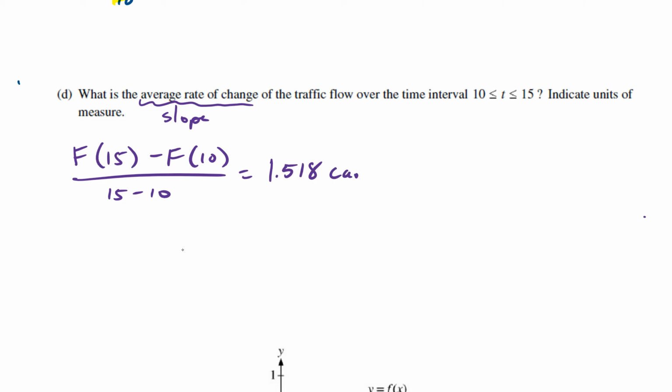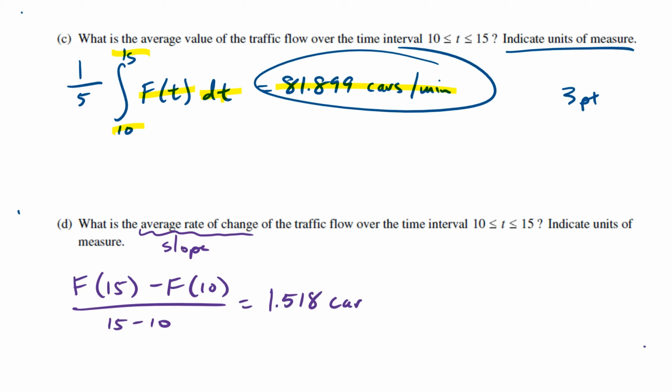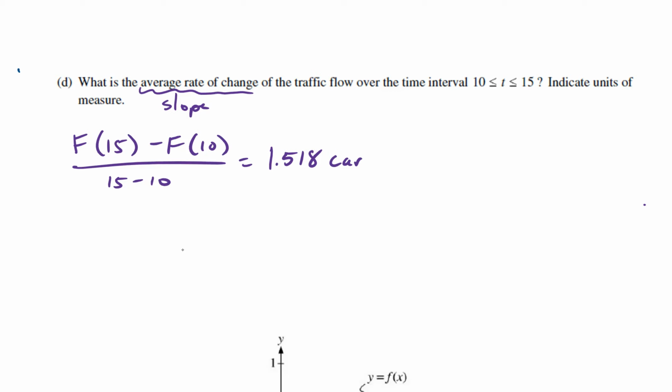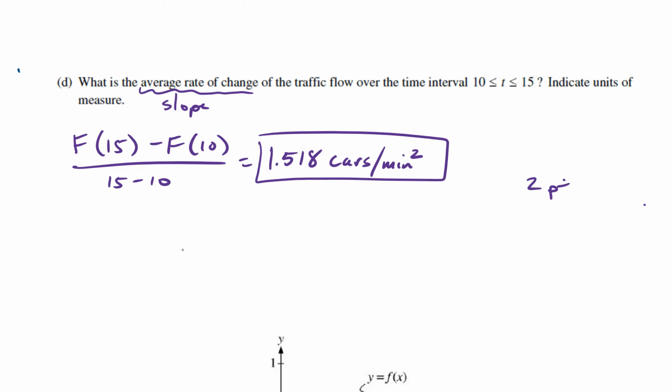The units of measure for the original function was cars per minute. So this is 1.518 cars per minute, and it's a rate. It's the rate of change of that rate. So it's cars per minute squared. And that's my final answer there. And that's going to be my final 2 points. And that's going to be it for question number 1.